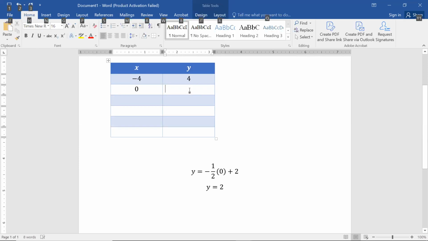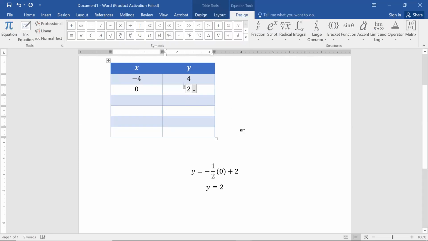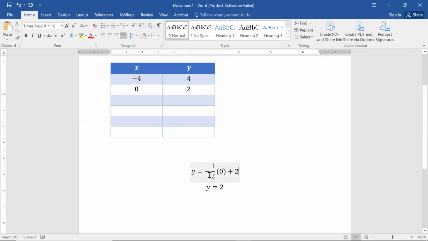Again, I'm just typing in negative 1/2 times 0 plus 2 into my calculator, and that gives me y equals 2.